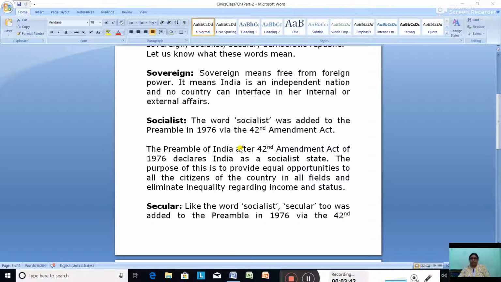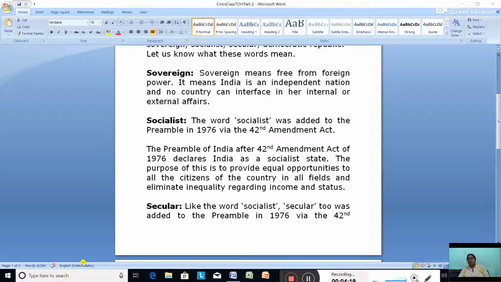Now, socialist. When I was teaching you about the constitution, I said that when the constitution was adopted, India was declared only sovereign, democratic and republic. These two new words, socialist and secular, were added to our preamble in 1976 via the 42nd Amendment Act.